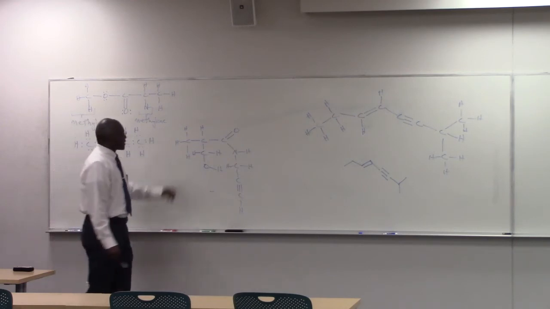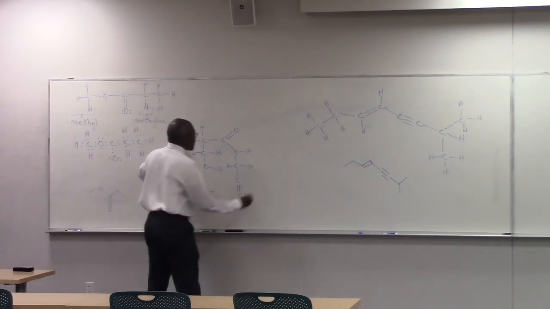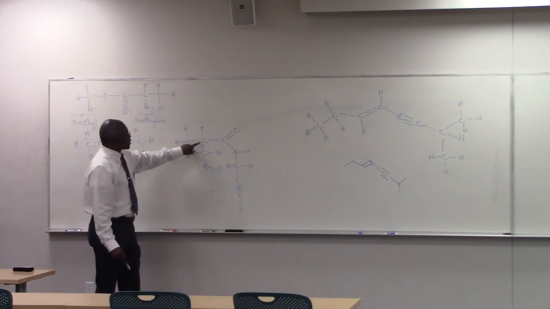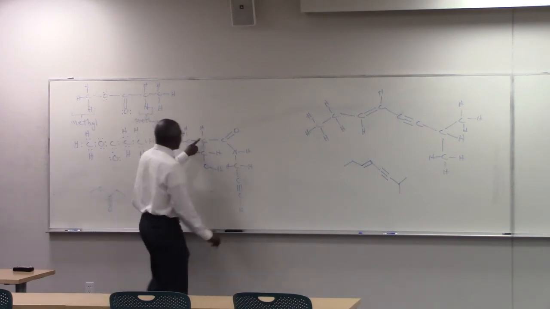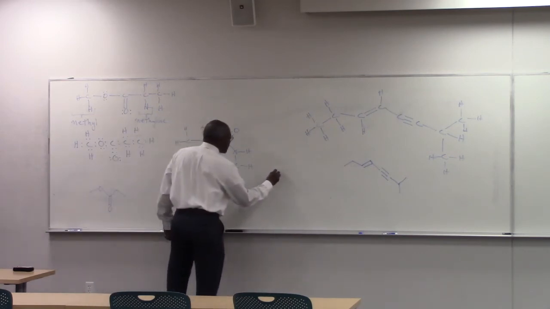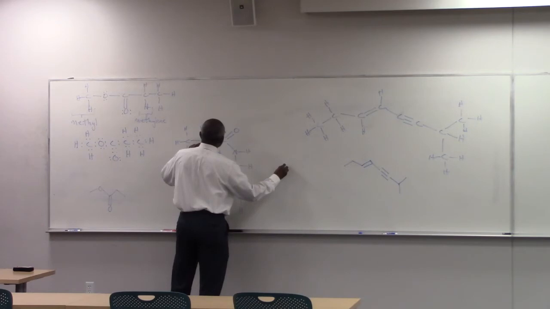Pick a spot. Let's start here. I've got a methyl, right? That's my methyl. It's going to be attached to a carbon, which is methinic, so methyl and methine. So I'm going to go methyl up to my methine.